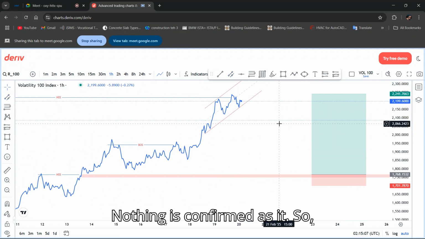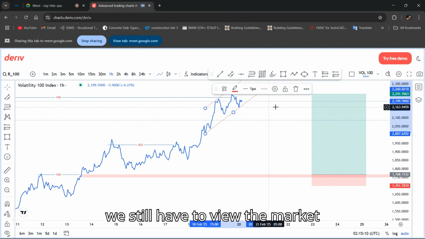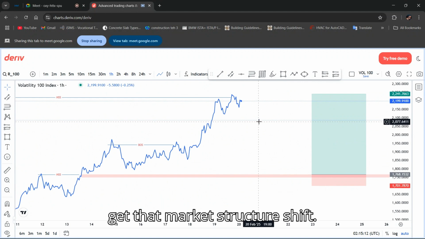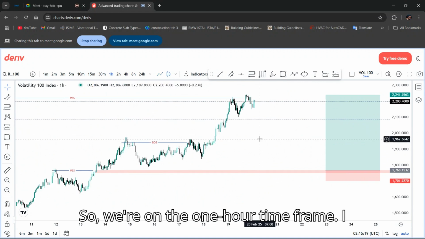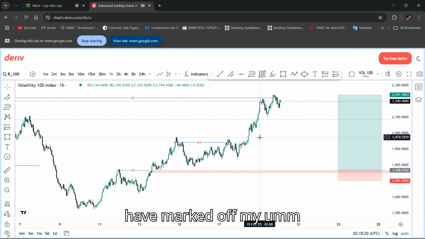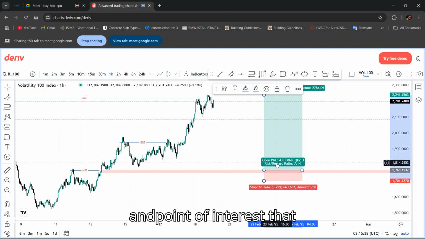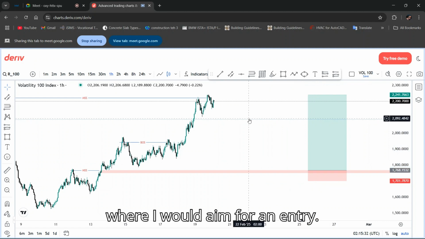Nothing is confirmed as yet. So we still have to view the market as a buyer's market until we get that market structure shift. So we're on the 1 hour time frame. I have marked off my 1 hour order block and point of interest that if the market pulls back there, that's where I would aim for an entry.